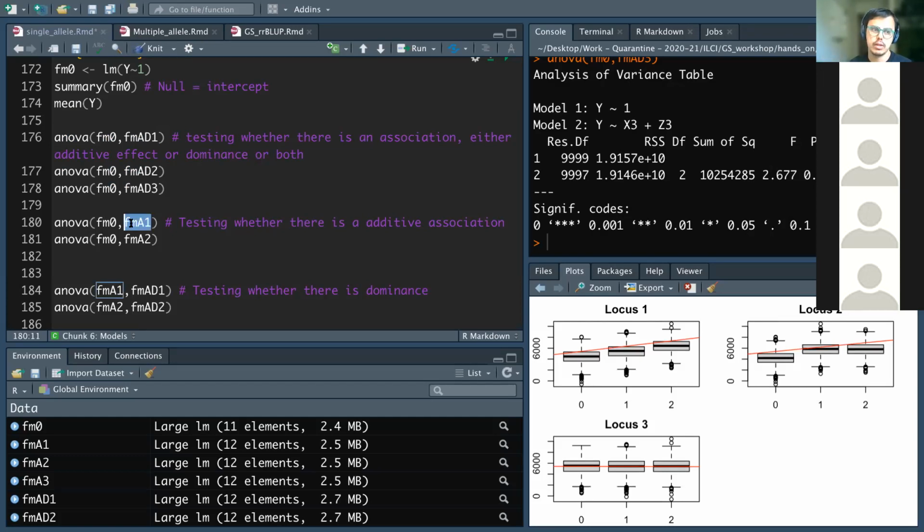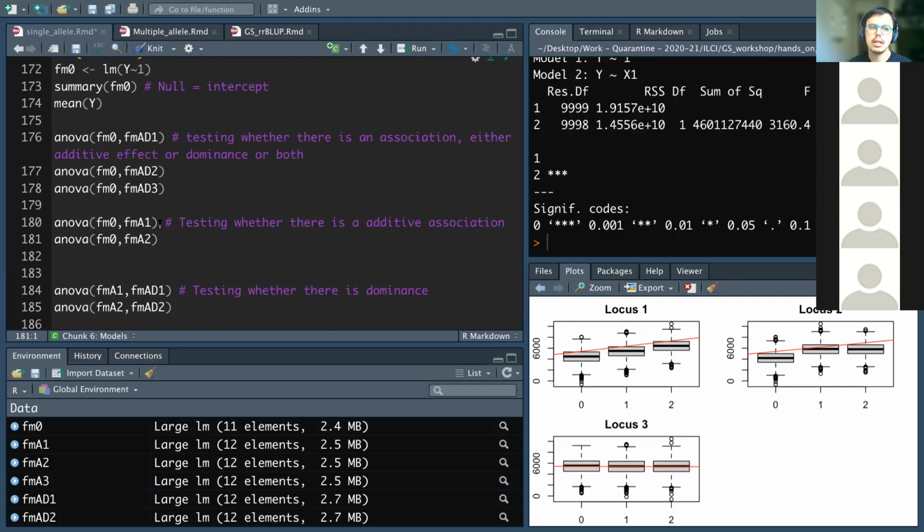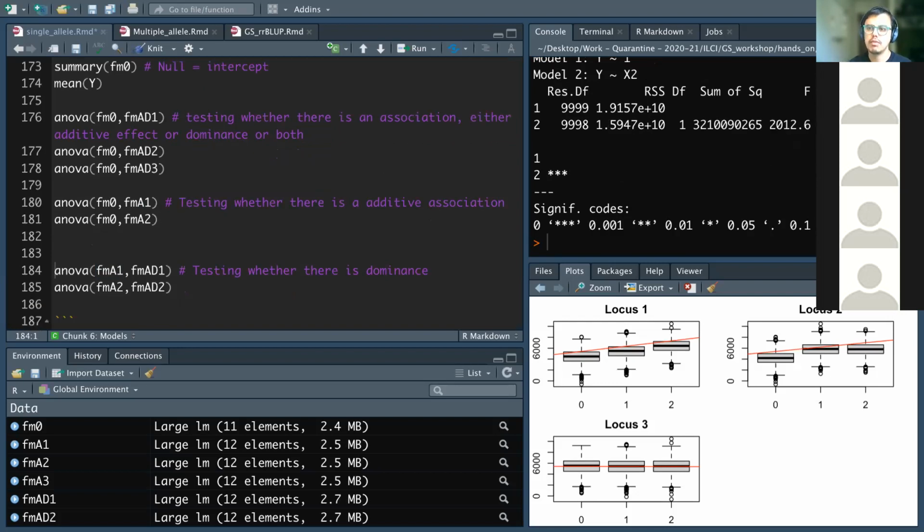Here I only took into account the additive effect in this ANOVA. As both loci have an additive effect, the p-value is significant for both of them. So for sure, we have an additive effect in those two loci.